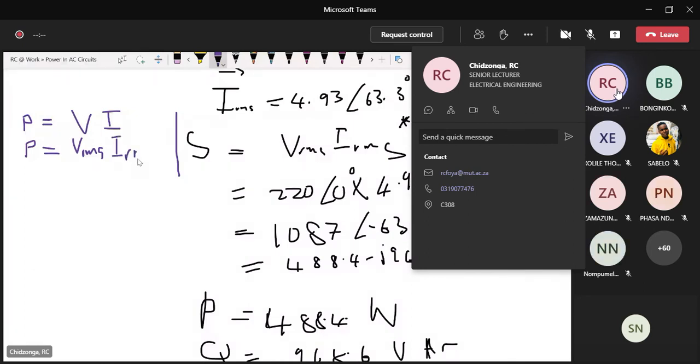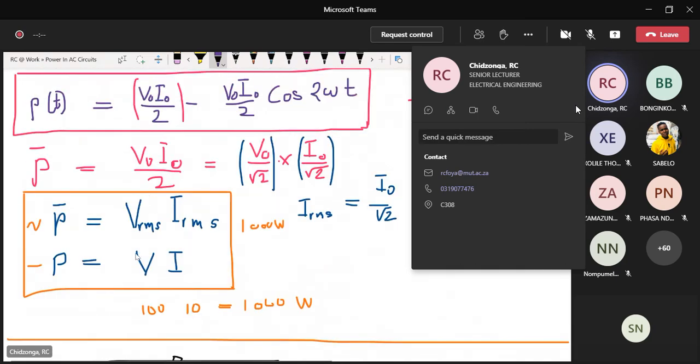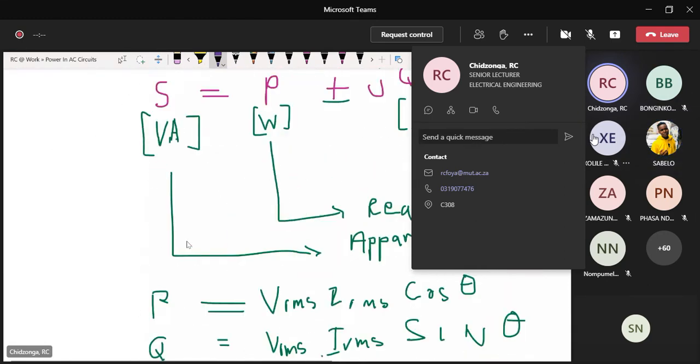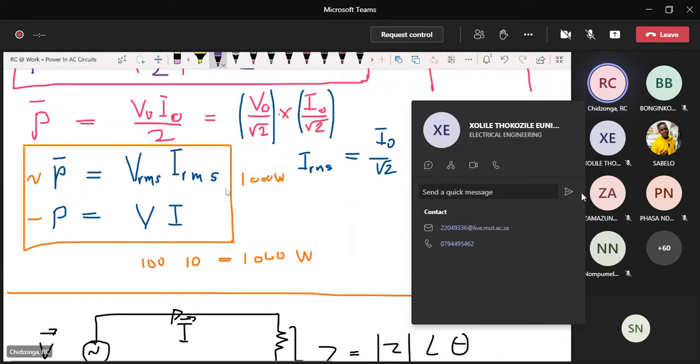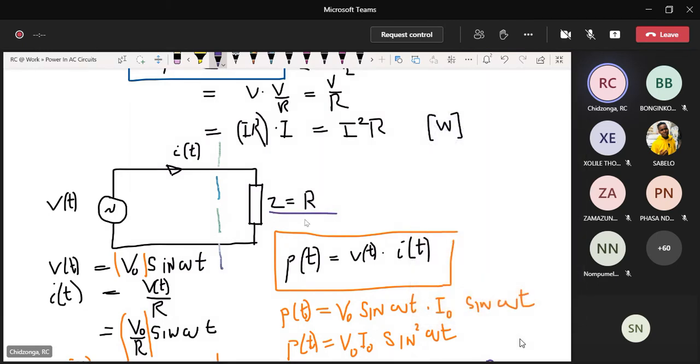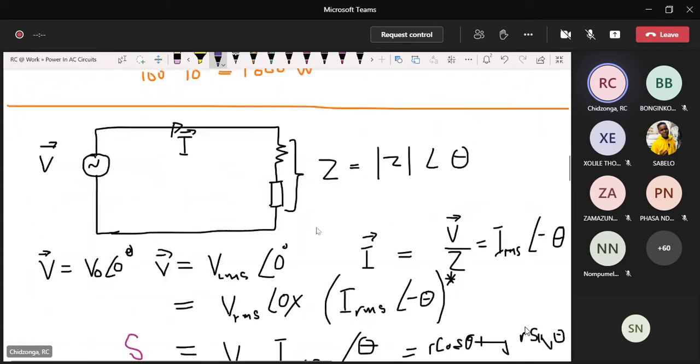Remember, our circuit was a pure resistor, where Z is equal to R. The second scenario, I then said, no, Z is no longer just R. Z is either inductive or capacitive, and I wrote it like this in general.